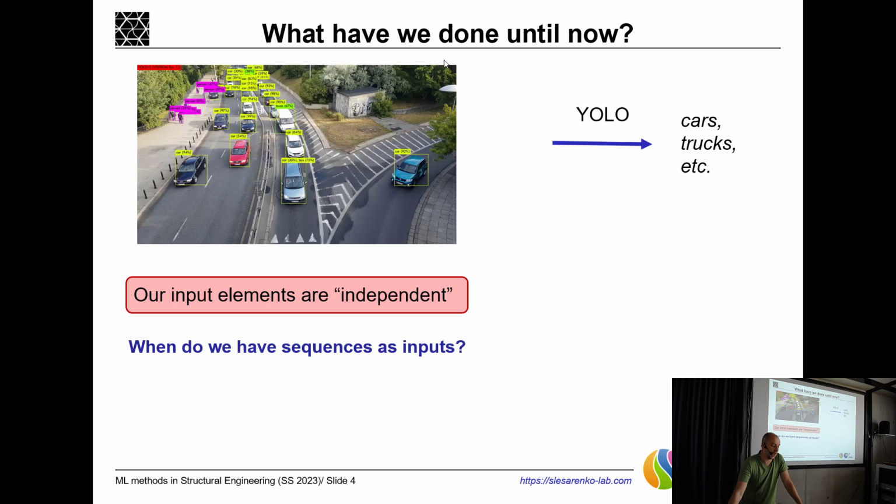When else do we have sequences as inputs? What examples can you give? In which cases can we talk about sequences as inputs? Any ideas? Interesting. I would agree with you that, let's say, a stress-strain curve may be described with sigma and epsilon.